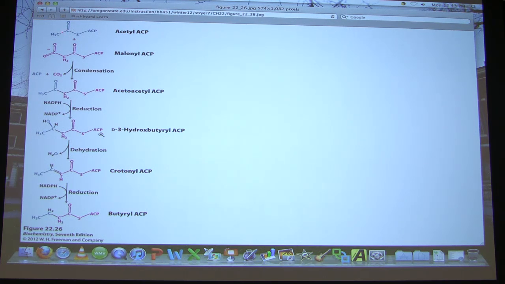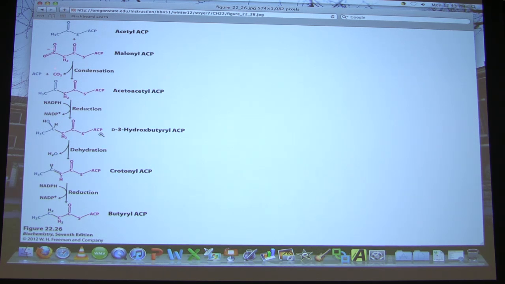All right, so here's the 2 in blue. Here's our 3-carbon malonyl ACP. This is the other starting piece. What happens? First step is what we call condensation, and that simply involves attaching 2 carbons of that 3-carbon piece to the 2 carbons of the acetyl ACP. Follow the colors, okay?